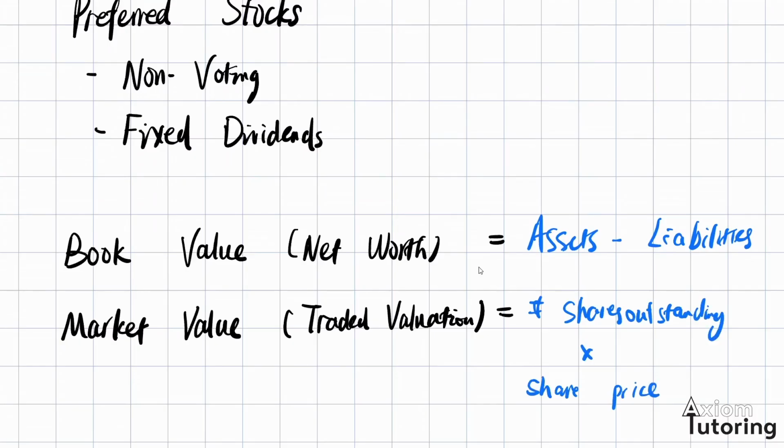This is something you can see from your stocks app, from websites, or from the quotes from the stock exchanges. So that's the market value. Be very clear about the value we're talking about here. Most of the time we're interested in the market value, and whenever we're doing valuations on stocks, we are referring to the market value.